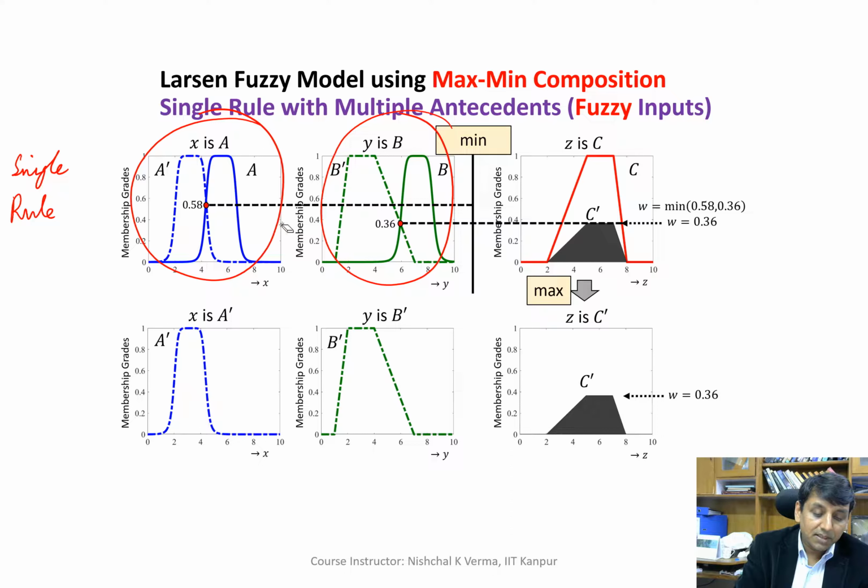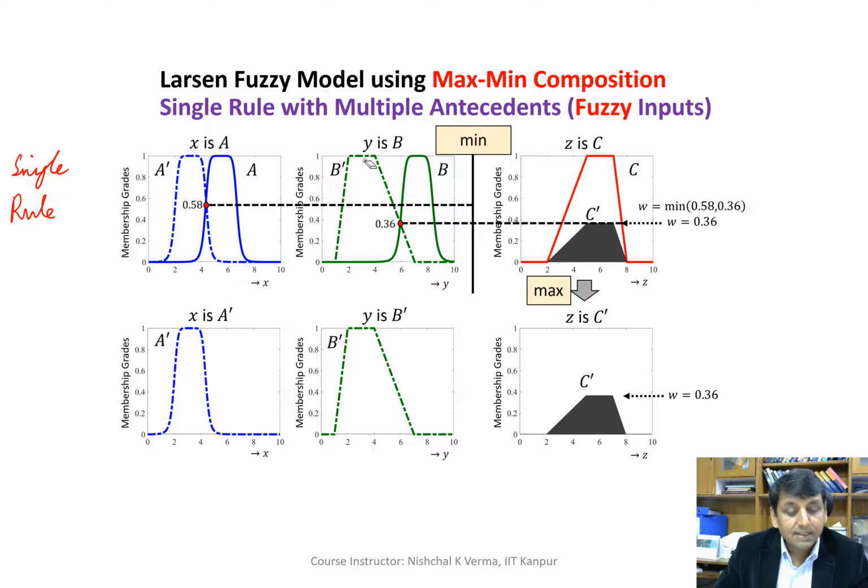For simplicity, I have taken only two antecedents. The first antecedent here is x is a, and the second antecedent is y is b, and both are connected with the connective and. As I mentioned, we could have any other connective like or.